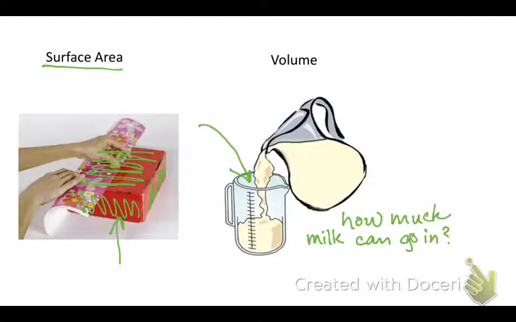Is it 3 liters, 4 liters, a gallon, 10 gallons, whatever? What volume does is take a shape and figure out how much room is inside the shape. Surface area just looks at the outside, the walls of the box or whatever figure it happens to be. The volume is what goes on inside.